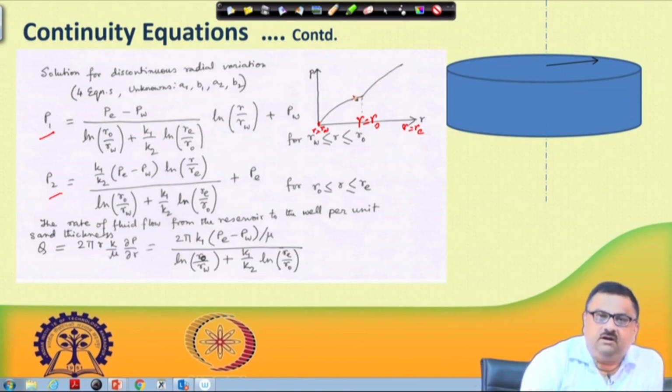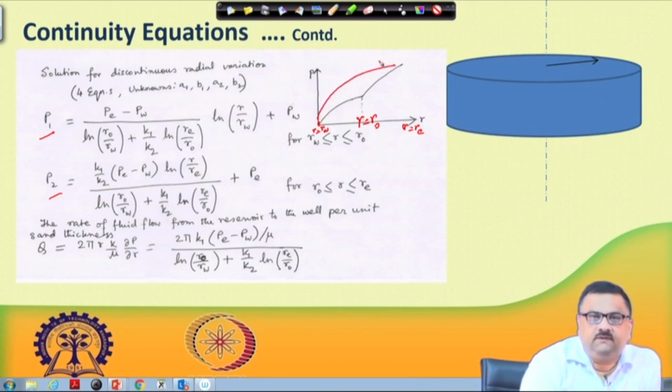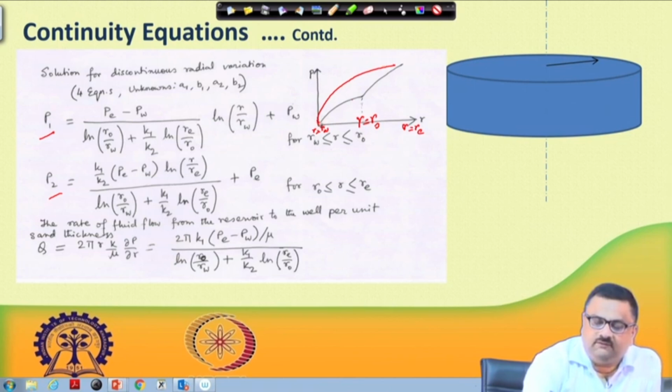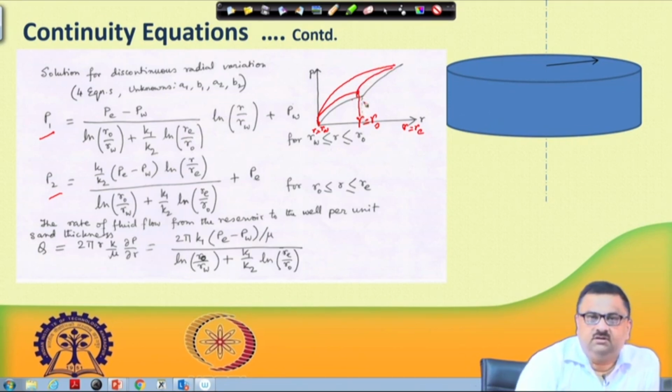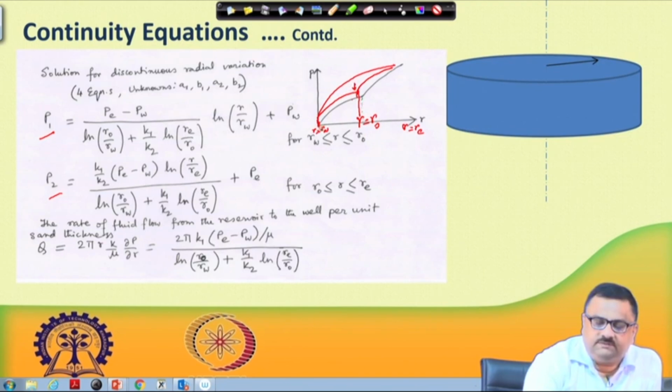If we did not have a variation, you remember we saw this kind of profile when the permeability was uniform. But now we have a discontinuity at r equal to r0.